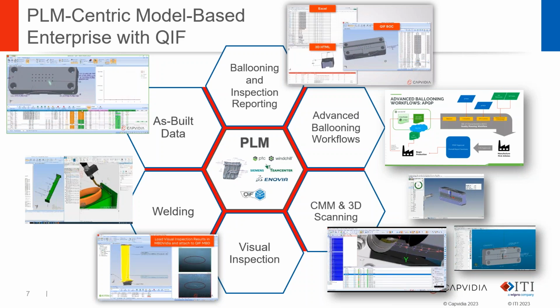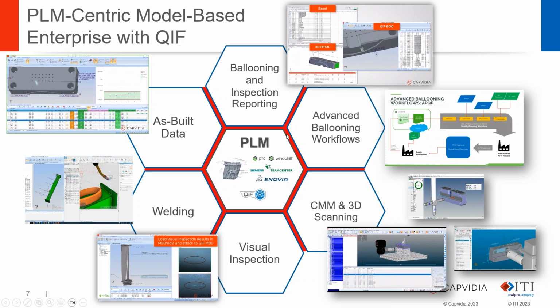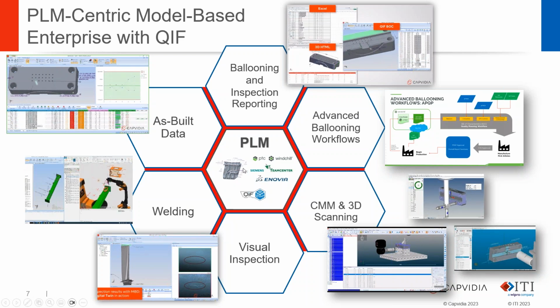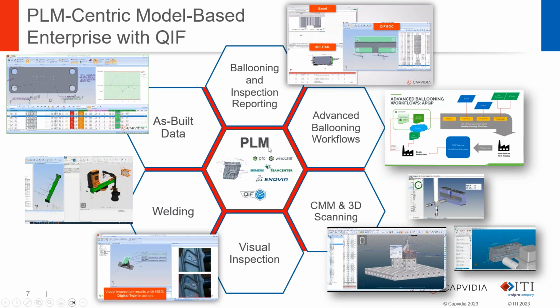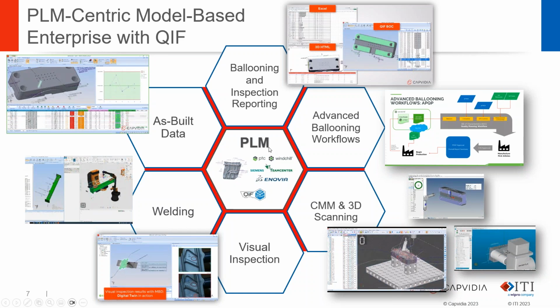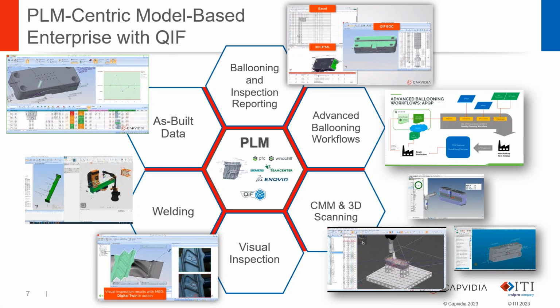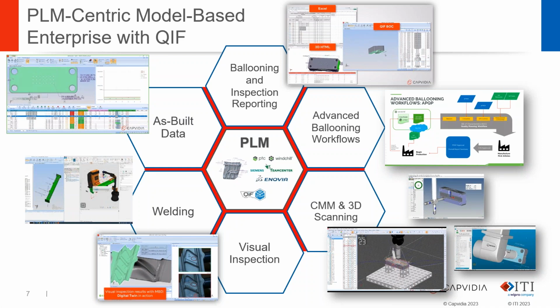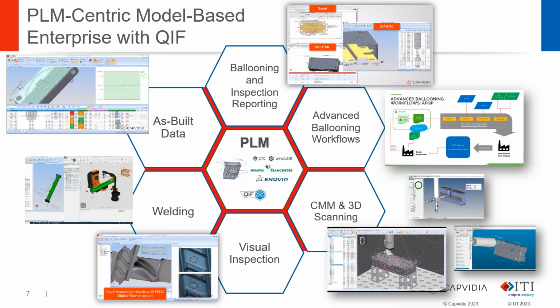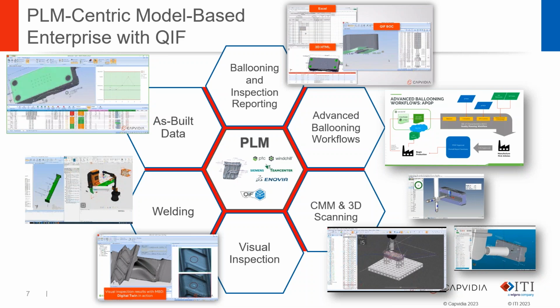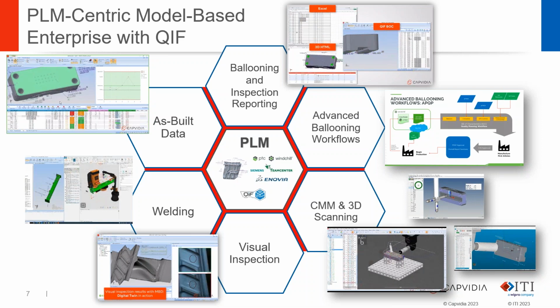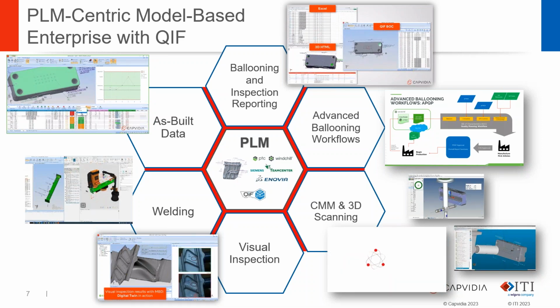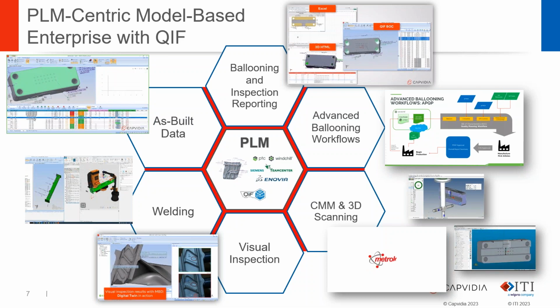But I think the key thing here about this slide is the center. And this is what's important to remember, is that you want to keep the PLM as the center of this product-centric workflow. And so the PLM is the center of this. You'll have this QIF model, which should be there and should be available for consumption downstream.